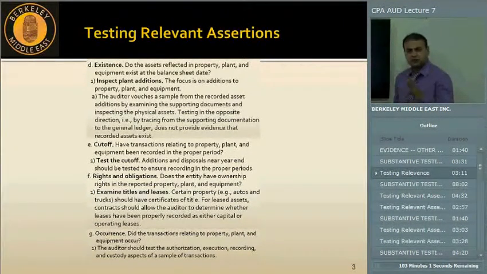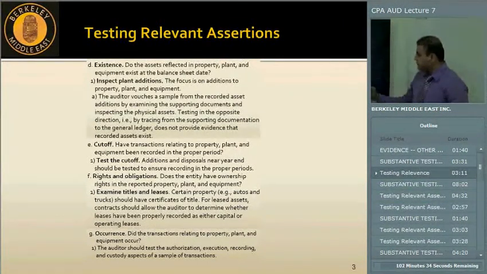Like for a fiscal year 1st January to 31st December, the cutoff is 31st December. Now it's always recommended, and it's a positive approach, to see after the cutoff whether any significant transactions took place which reflect the previous year's transactions. So this is how the auditor can analyze in a better way.